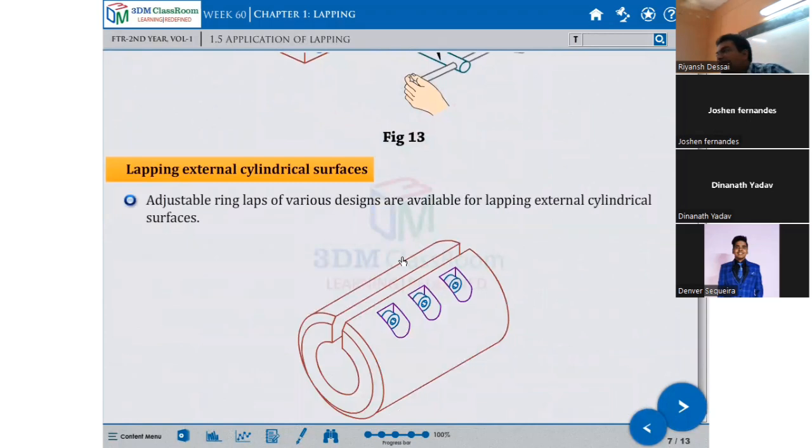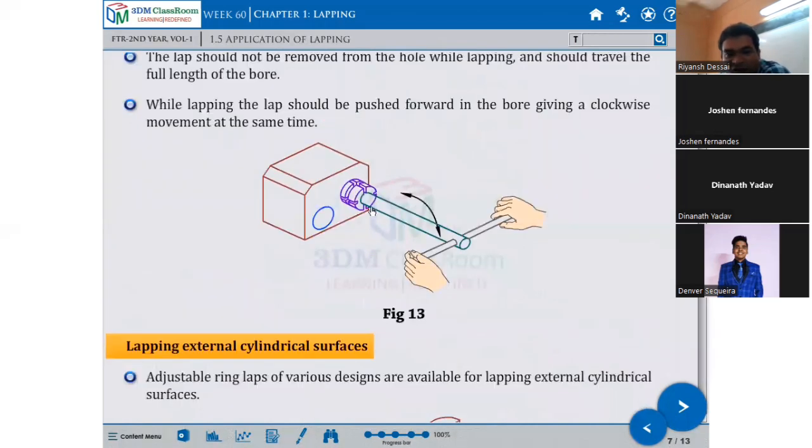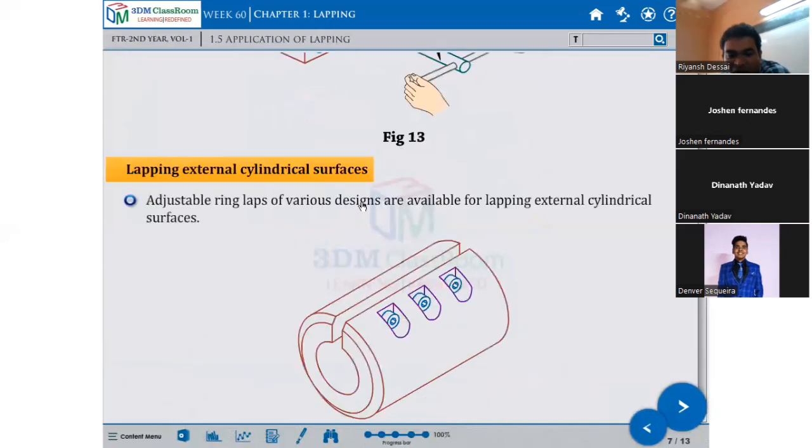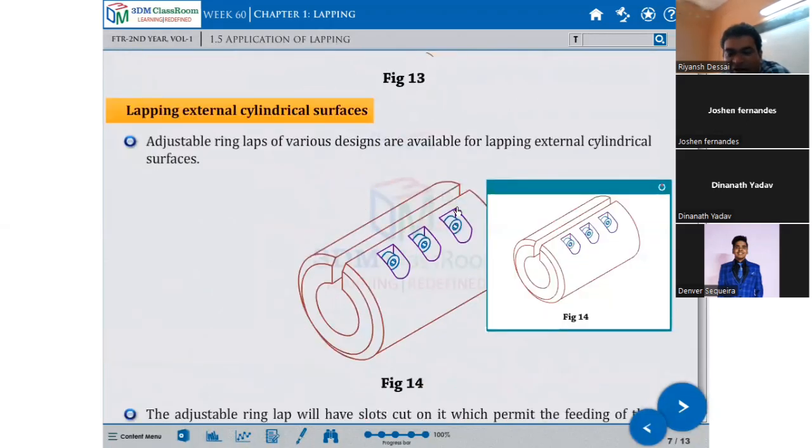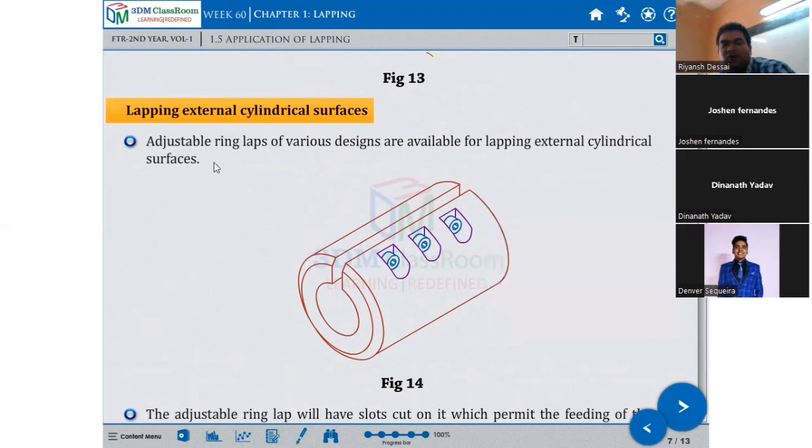Lapping external cylindrical surface. The previous case was the internal surface. Now this is external, because the shaft will come here and its outer surface is getting lapped. Adjustable ring laps of various designs are available.